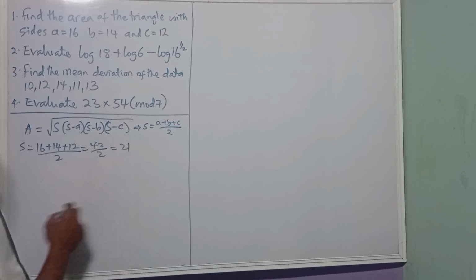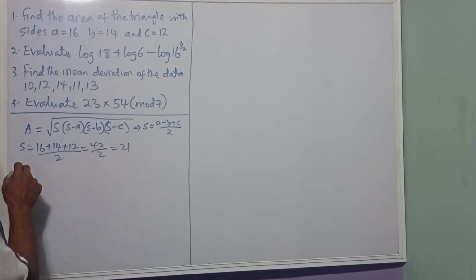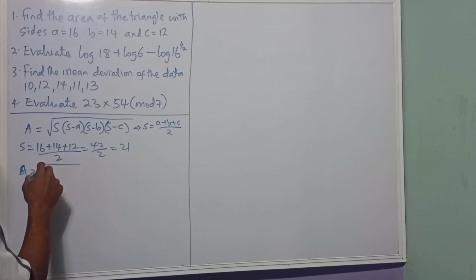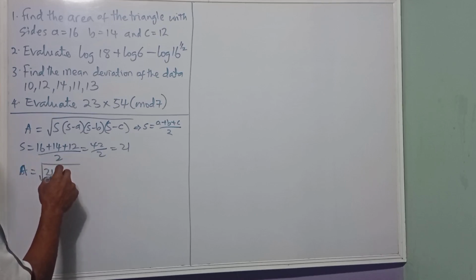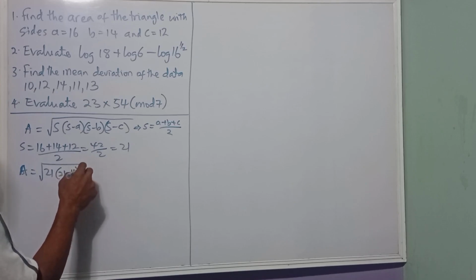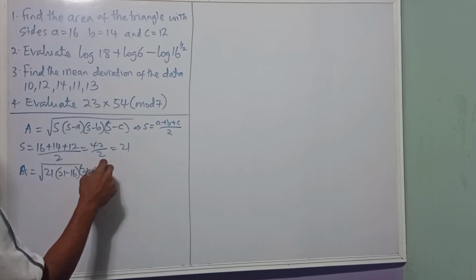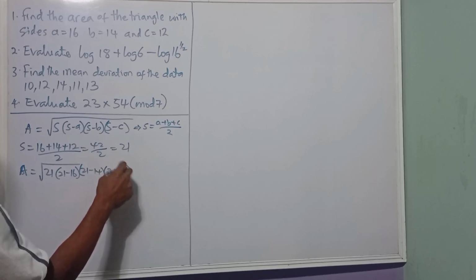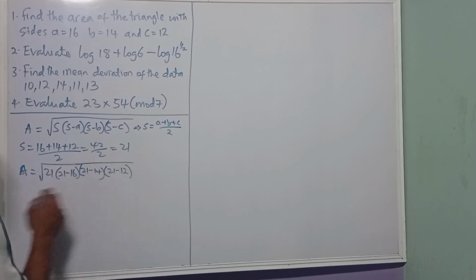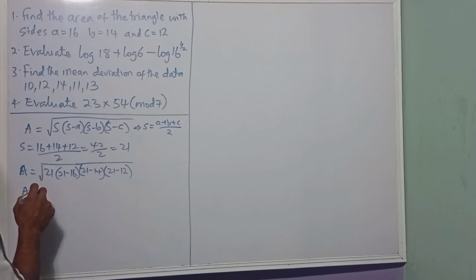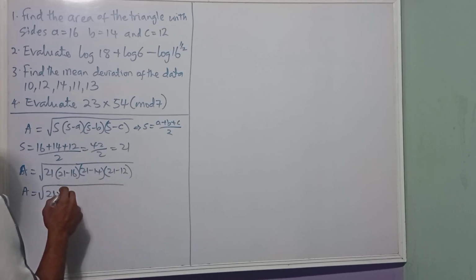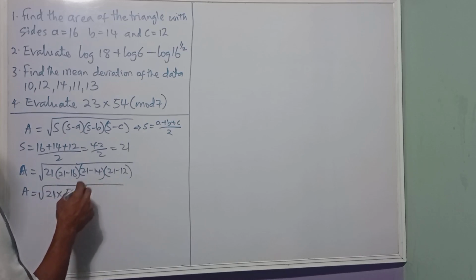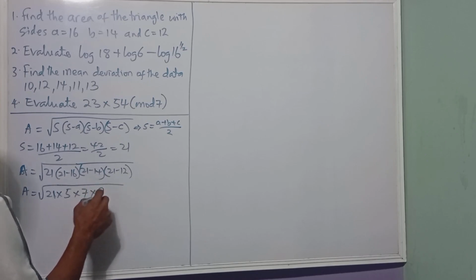So this becomes area equals root of 21 bracket 21 minus 16, 21 minus 14, and 21 minus 12. So this gives us A equals root of 21 times 5 times 7 times 9.